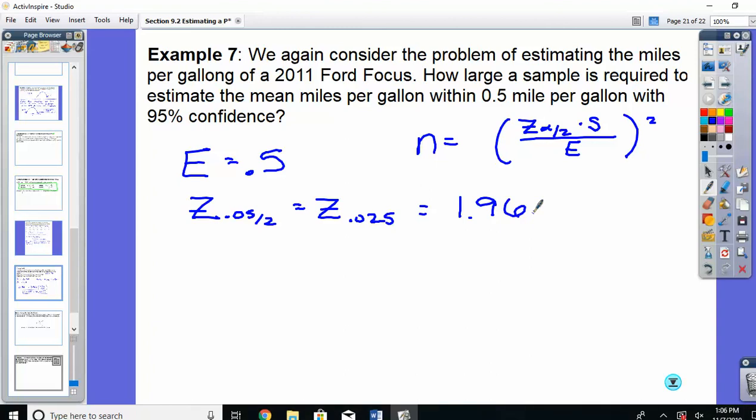Something I want to mention. I haven't showed you this before because I don't always ask for one of these percents, so you need to be able to know how to read this from your table. But look on the normal table, the bottom left. It tells you confidence interval for critical values is z alpha over 2. If you're at 90, 95, 98, or 99, it actually tells you what the z is.